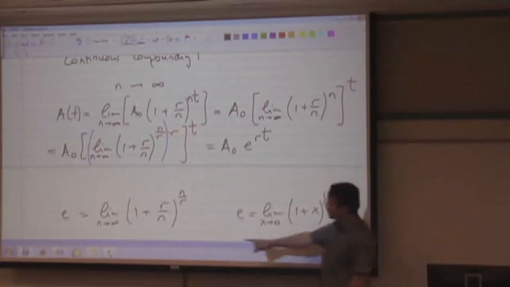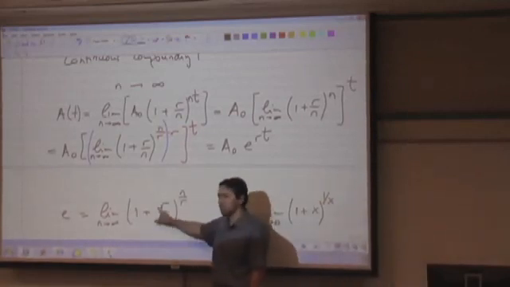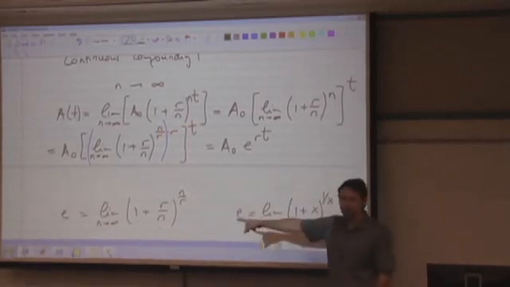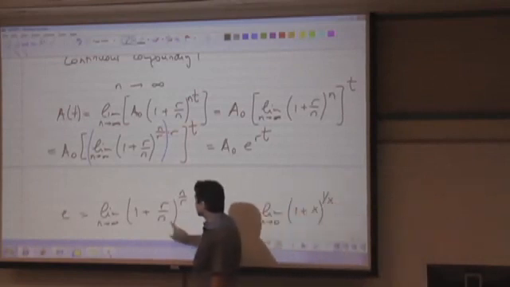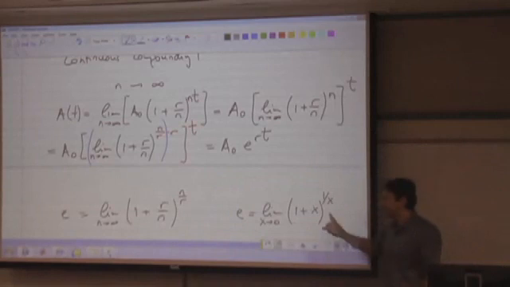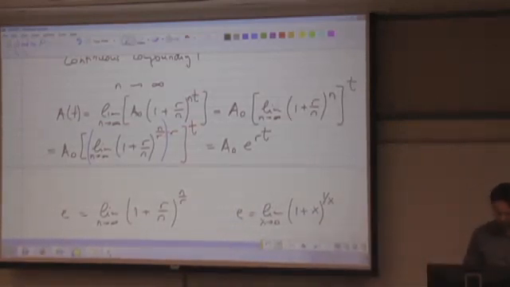Well, as n goes to infinity, r is fixed, so this quantity goes to 0. So if I define x to be r over n, I will end up with (1 plus x) to the power of 1 over x, which is exactly this. Okay?